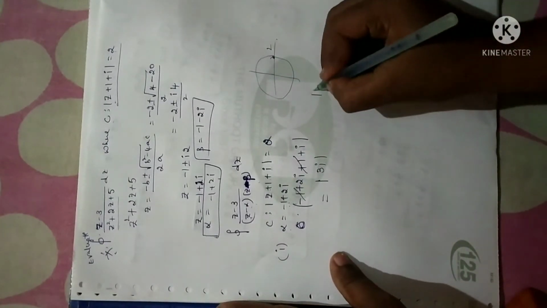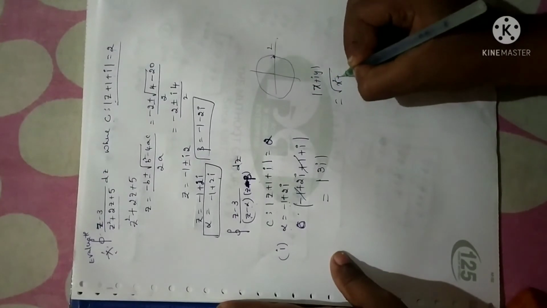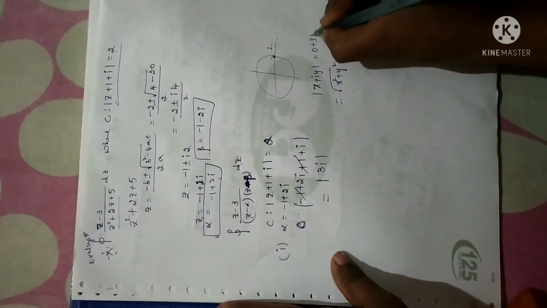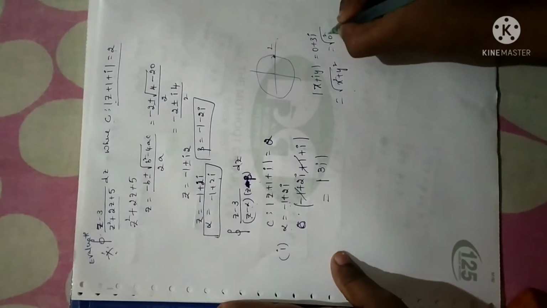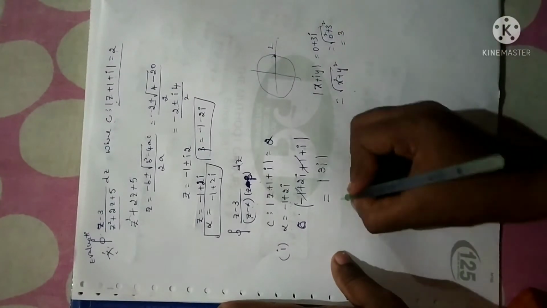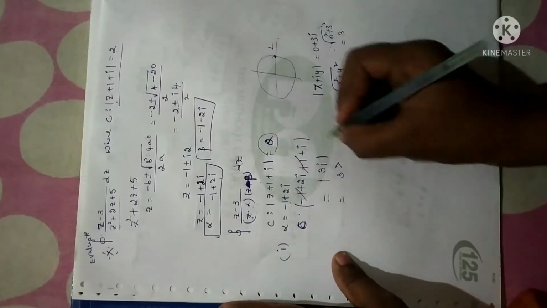So how are you going to obtain the modulus of x plus iy? It is square root of x square plus y square, right? So here, in place of x I have 0. 0 plus 3 into i. It is equal to square root of 0 square plus 3 square. So the square and square root get cancelled. You will get 3 only, right? Anyhow 3 is greater than 2. Right?